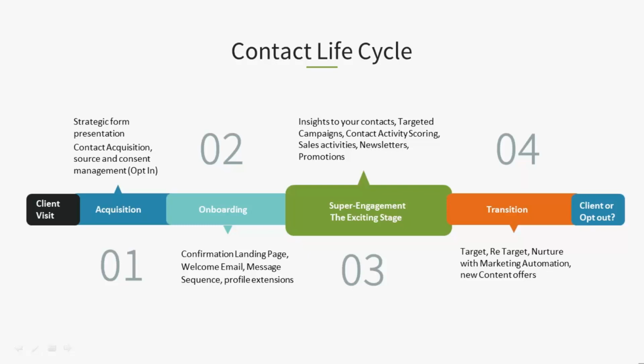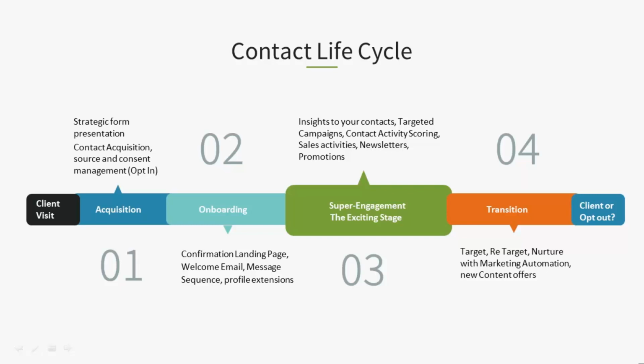Let's consider a trade show example to start with. If you come away from a trade show with a list of business cards and you need to enter them into your system, this can be the contact acquisition phase. From there, you rely on the marketing tools you have available to nurture them through the process. Most salespeople would lose interest very quickly in a lead if it doesn't generate an instant opportunity.